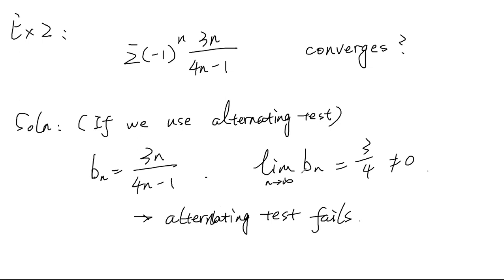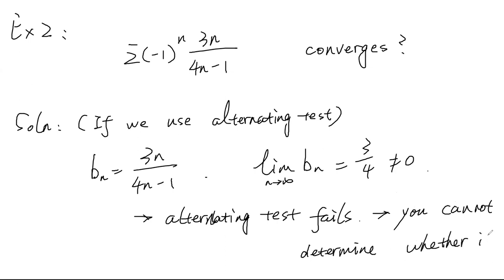So you cannot determine whether it converges or not from the alternating series test.